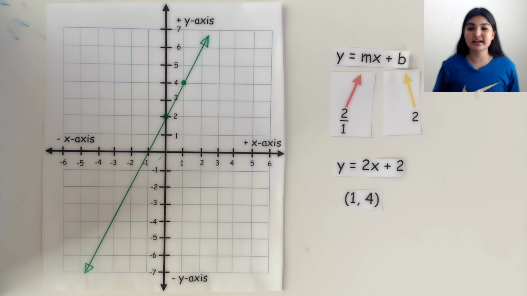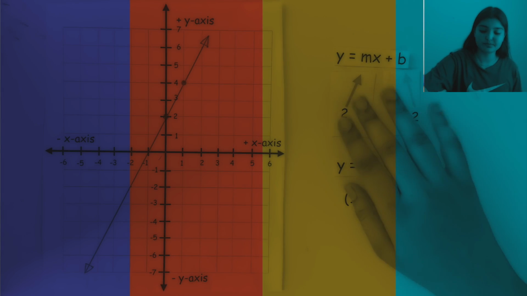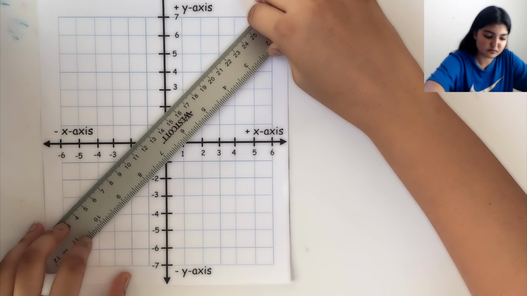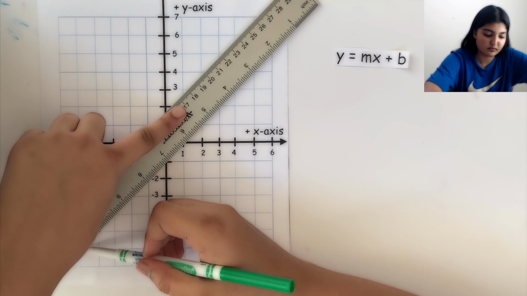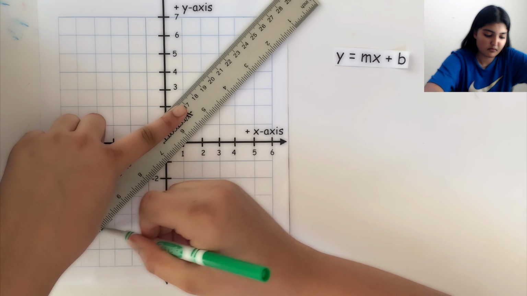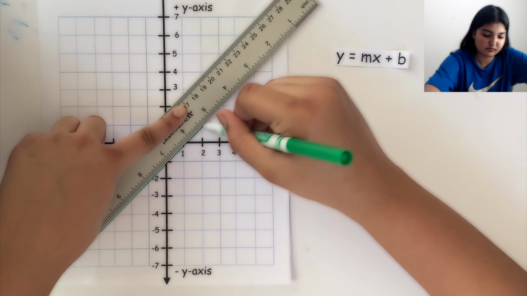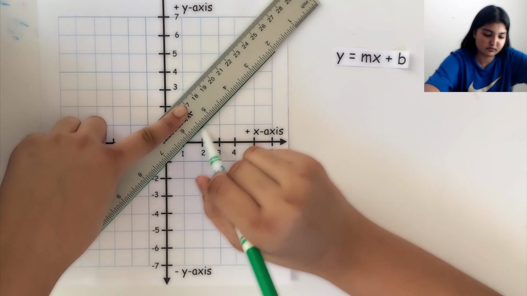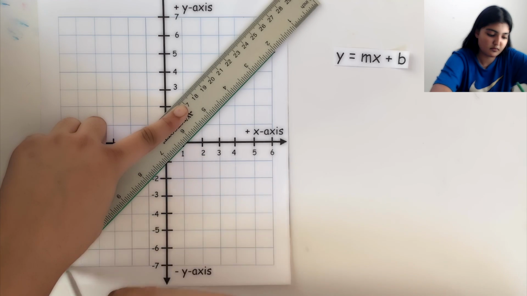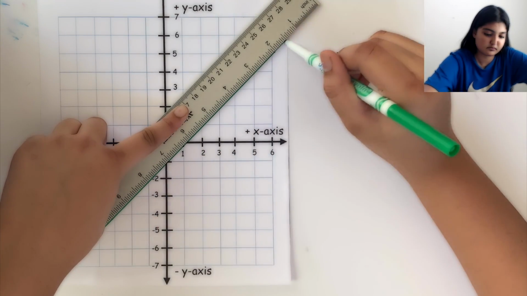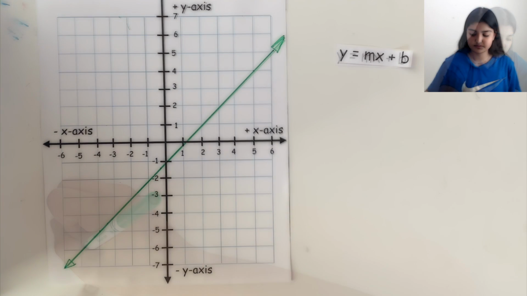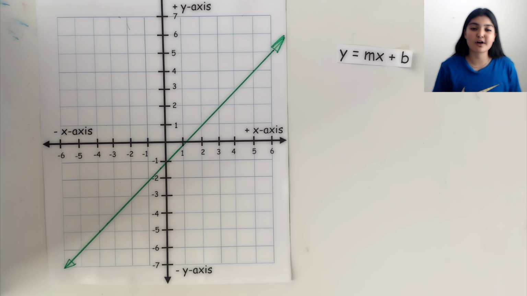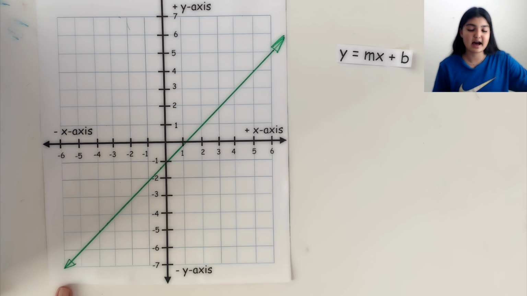Now, let's look at another example. Let's start by finding the slope of this line.